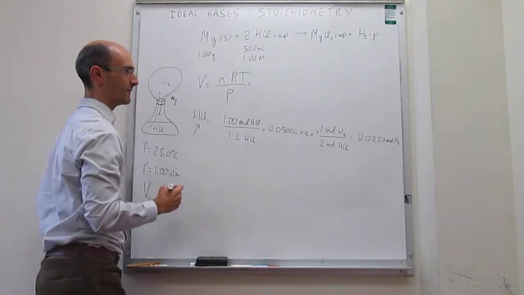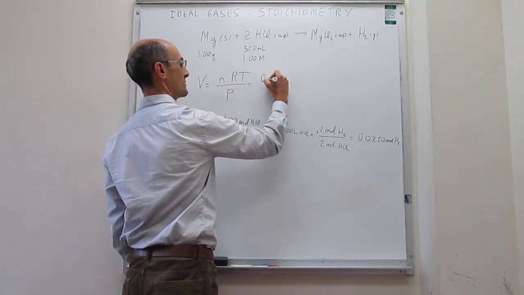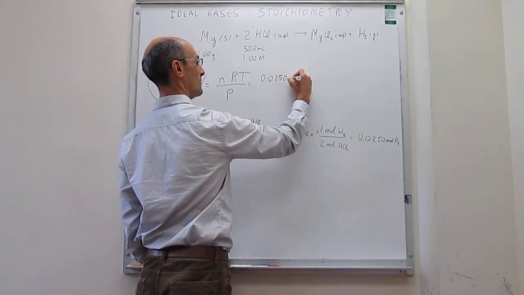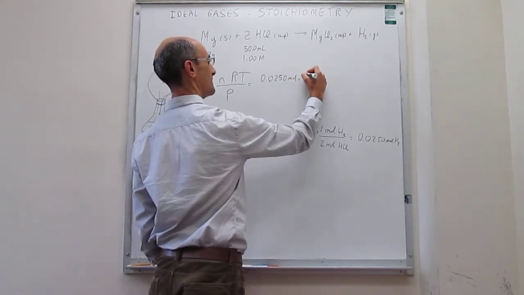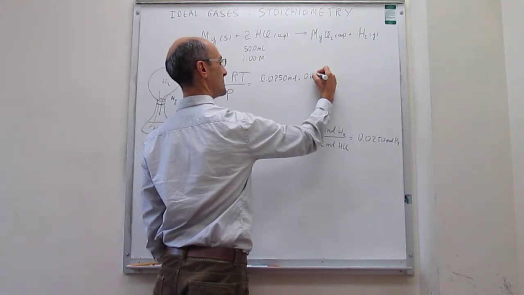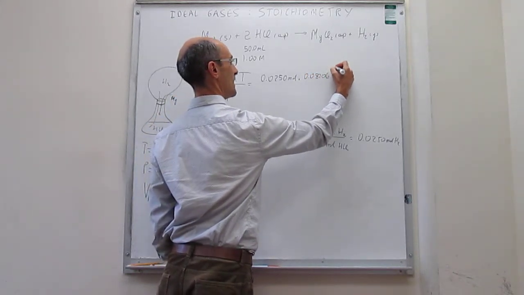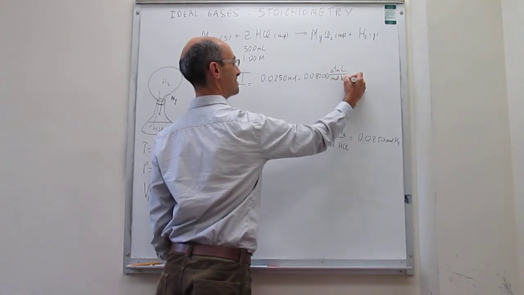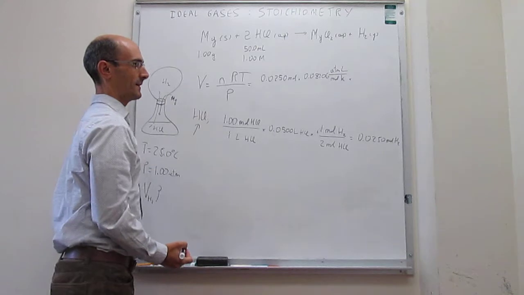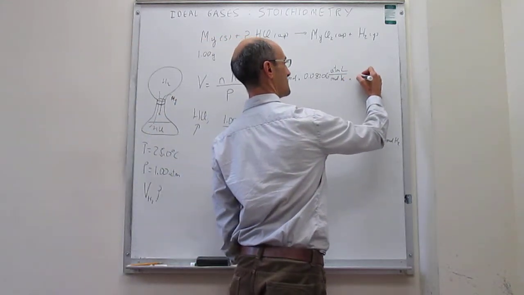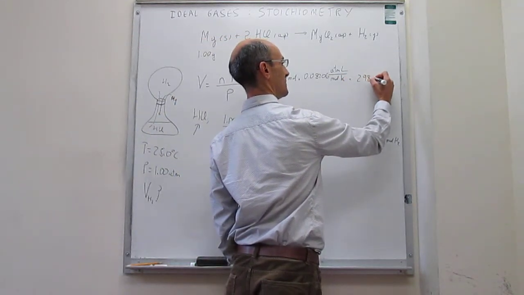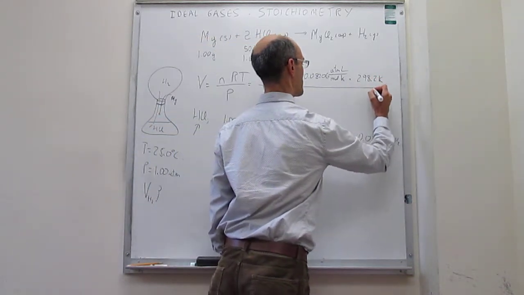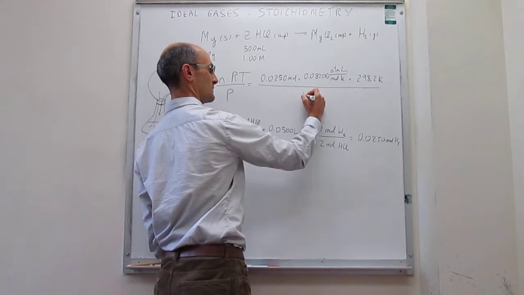Let's plug in the values: 0.025 mole multiplied by 0.08206 atmosphere liter over mole Kelvin multiplied by the temperature in Kelvin, 298.2 Kelvin, and then divided over the pressure, which is 1 atmosphere.